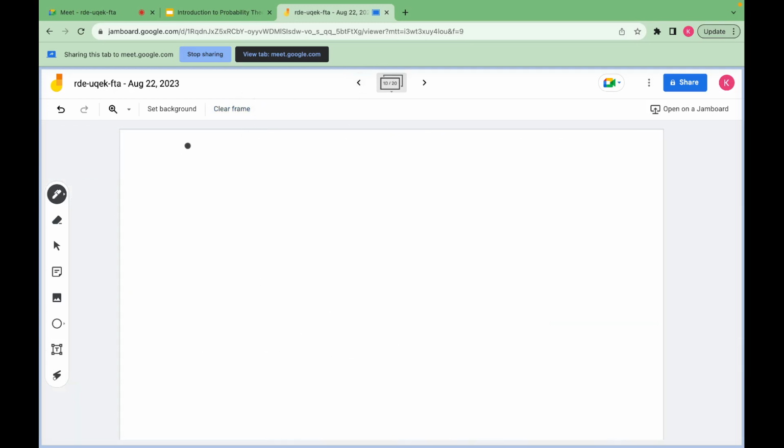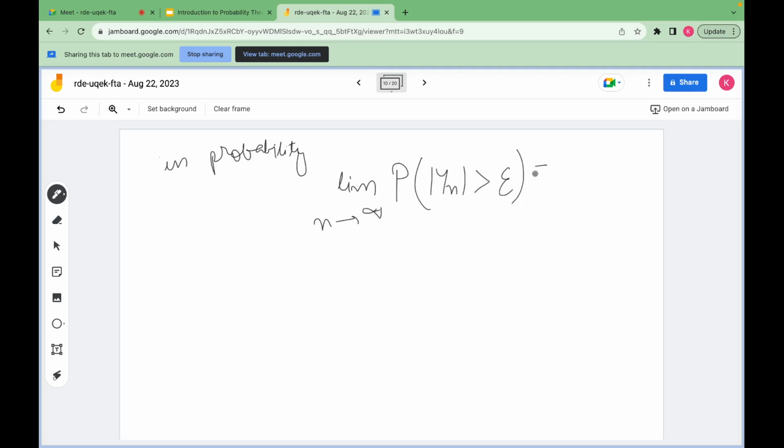Now it remains to show the almost sure part. In the probability part, we saw that the limit as n tends to infinity of the probability that Yn is greater than epsilon is equal to the limit of (1 minus epsilon) to the power n.